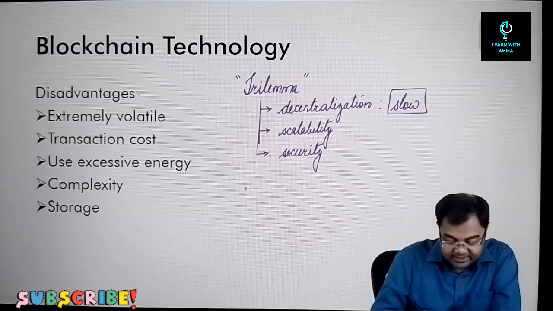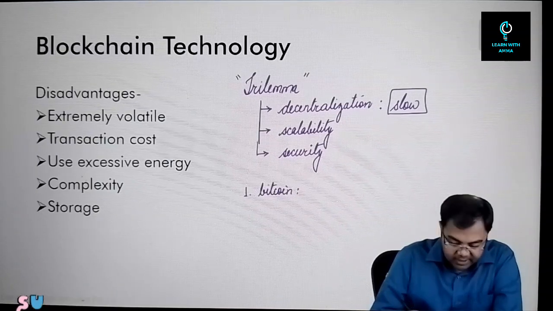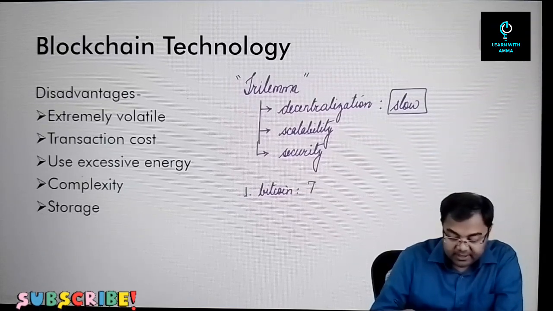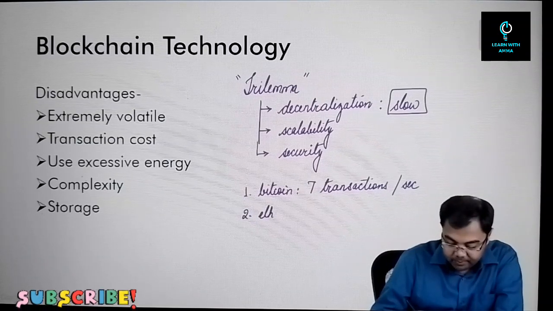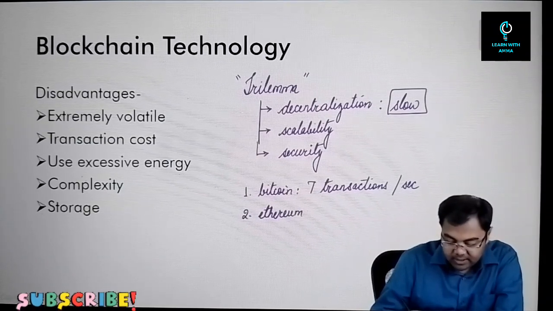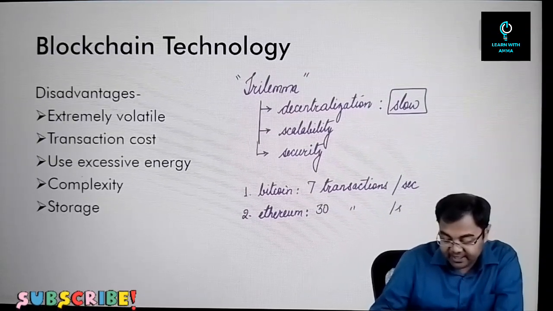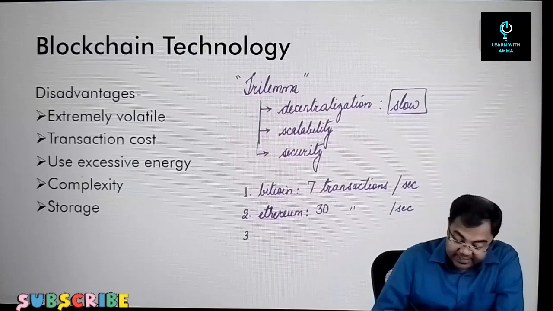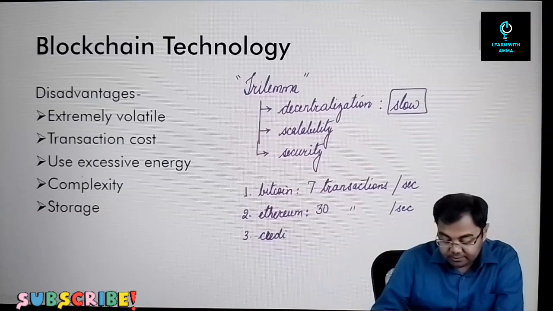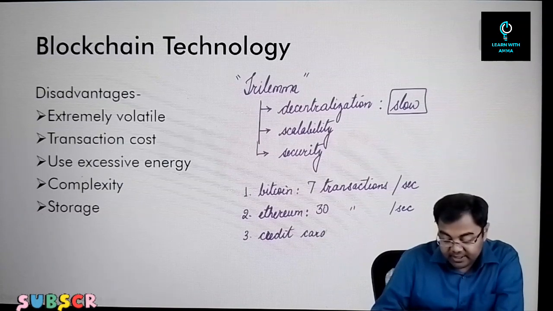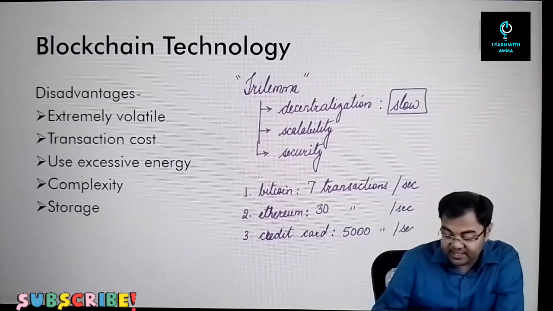For instance, if I talk about Bitcoin, we have seen that normally 7 transactions per second can be done. In case of Ethereum, it has been seen that almost 30 transactions per second can happen. But in case of a centralized system, for example a credit card transaction, almost 5,000 transactions per second can be done.